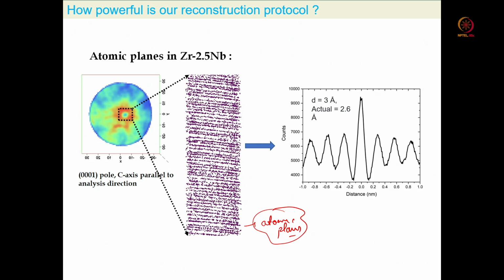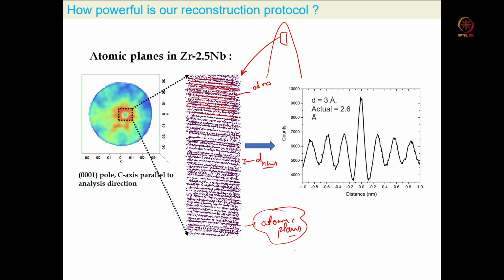Here you can see a small volume of a big data set, where these ions are arranged in planes, correct, and these planes are nothing but the atomic planes, which have a certain d value.